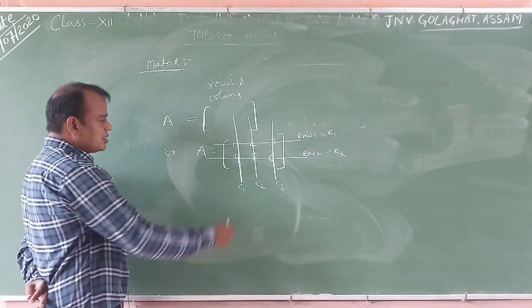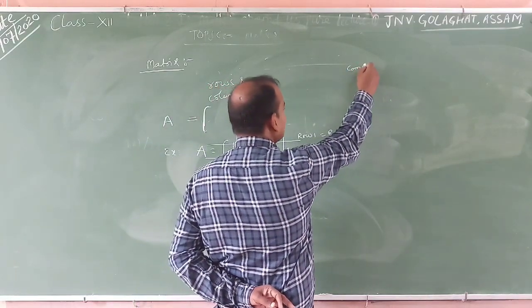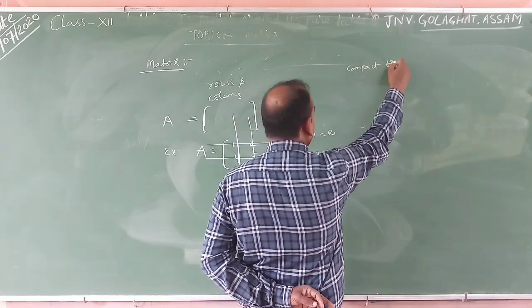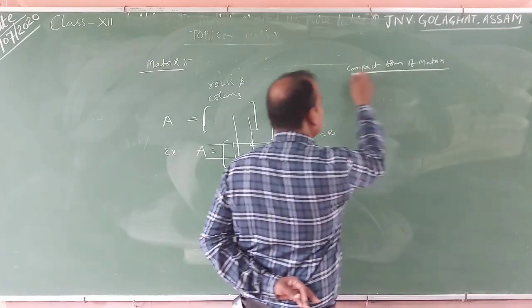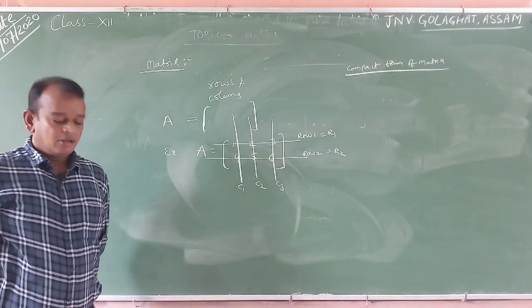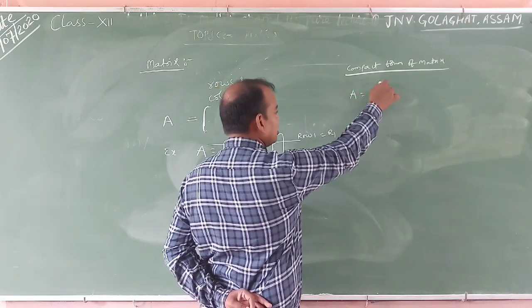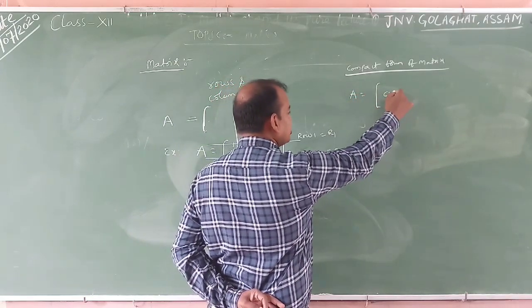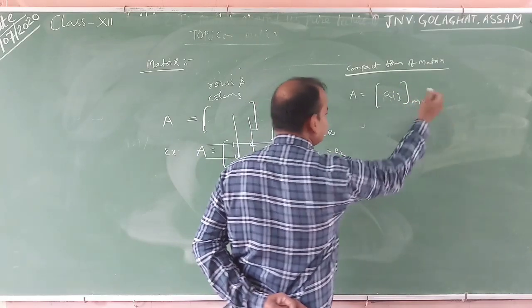Now, I will discuss the compact form of a matrix. For suppose the matrix A having Aij of order m by n.